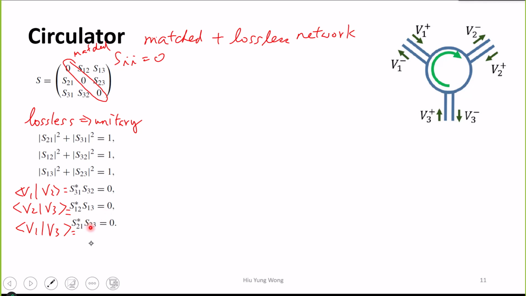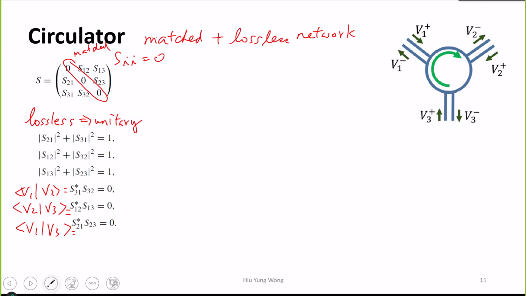For example, take this as an example: 0 times S13, plus S21 star times S23, plus S31 star times 0. This whole thing equals 0. Okay, so I get this matrix with this condition, because this is due to the matched network and this is due to the lossless unitary condition, right?